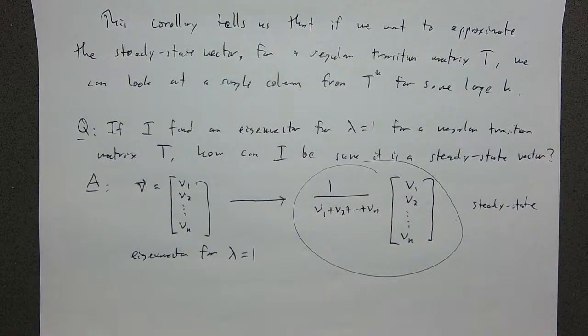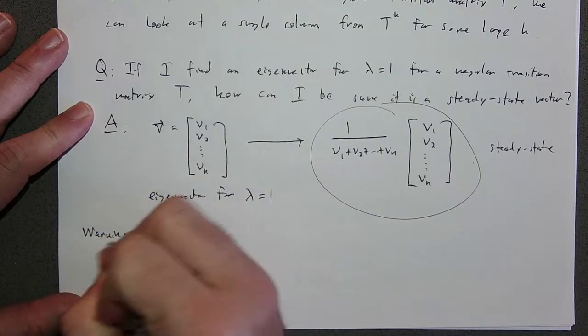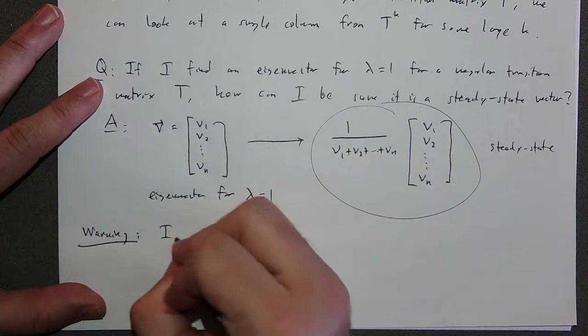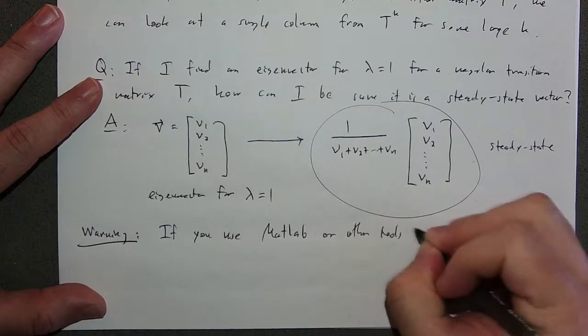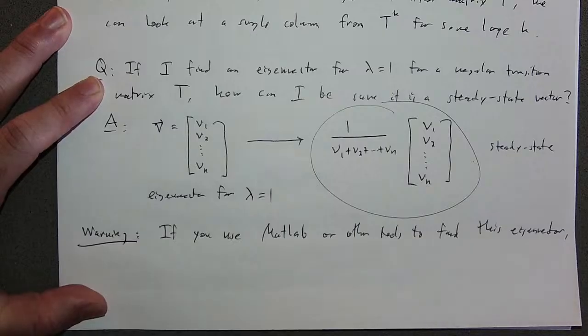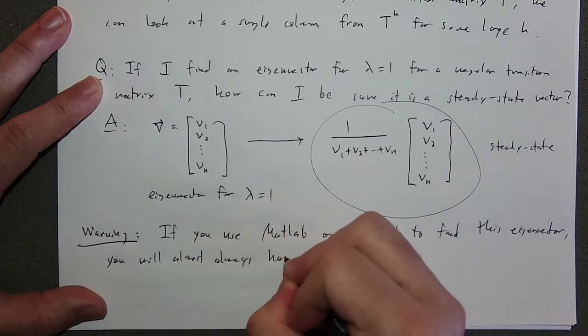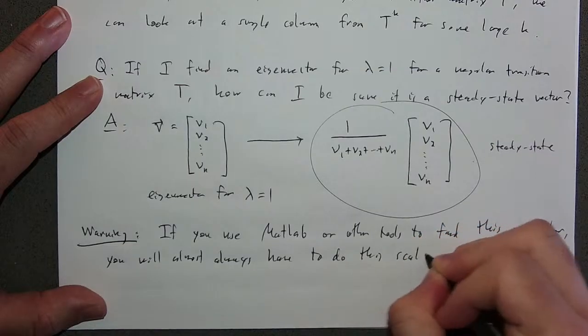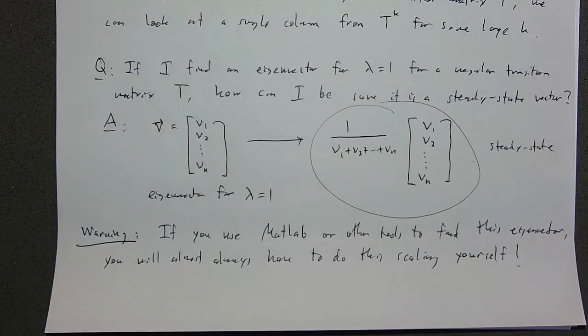This is relevant because even though you're often going to be using MATLAB or some other computational tool to find these eigenvectors quickly, MATLAB oftentimes is going to spit out an eigenvector that is an eigenvector, but it might not be a steady state eigenvector. So you may have to scale it. In fact, you will usually have to do this. Warning: if you use MATLAB or other tools to find this eigenvector, you will almost always have to do this scaling yourself, manually. After that is done, you will have to tell MATLAB to scale it in this way, and that will be your output.